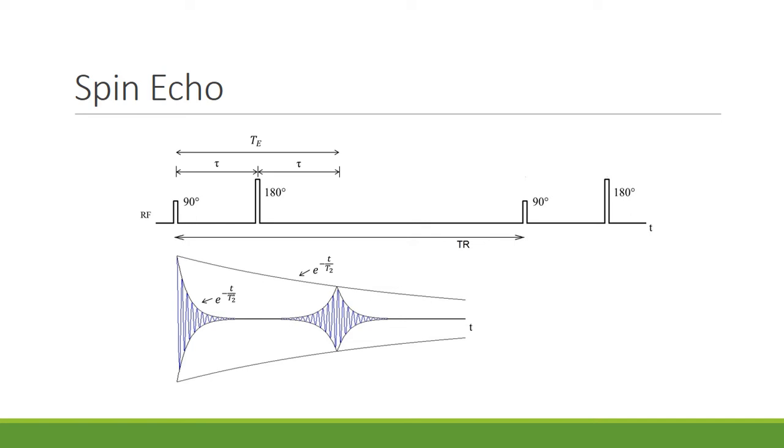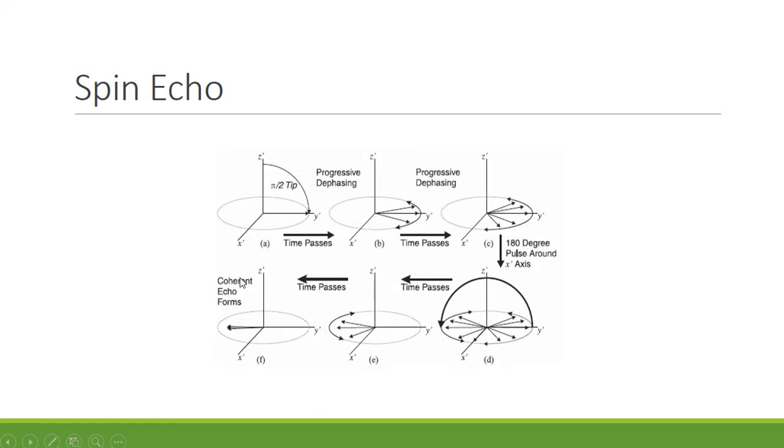In the sequence, we have an RF pulse, and after that we have a refocusing pulse. Just after the 90-degree pulse, magnetization completely tilts onto the transverse plane, and the spins, as you can see in this figure, start to dephase.